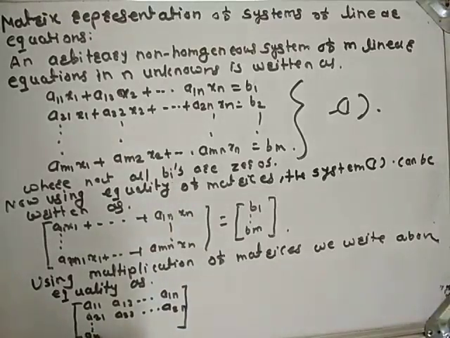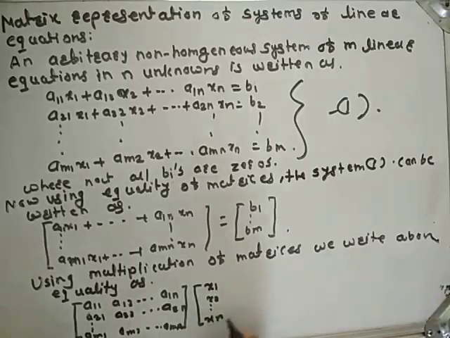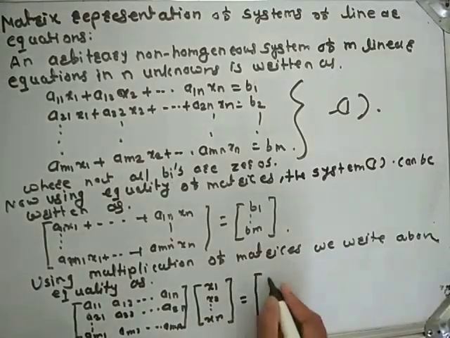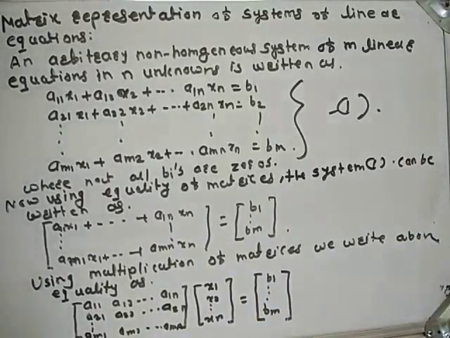This is up to am1, am2 and so on up to amn, into matrix x1, x2 and so on up to xn. This is equals to matrix b1 and so on up to bm. Okay.